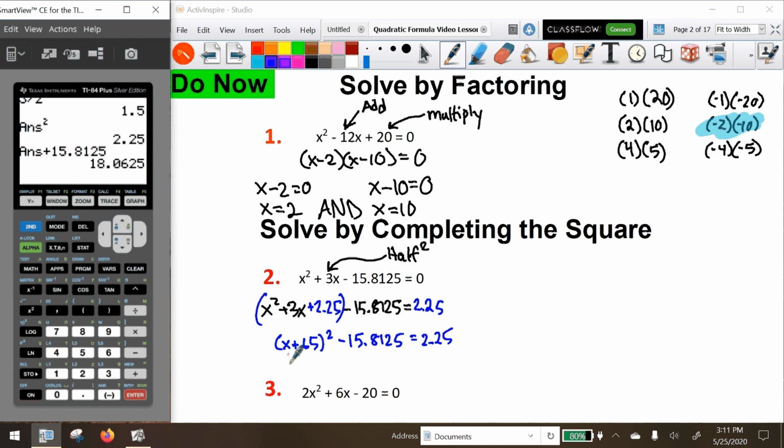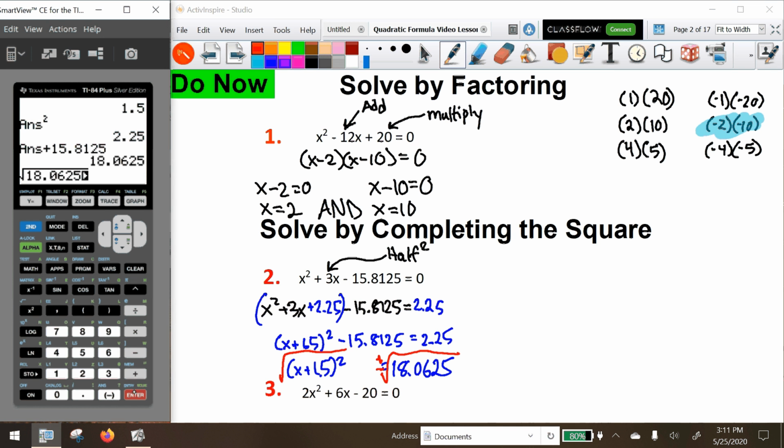Alrighty, and we have x plus 1.5 squared is equal to 18.0625. And now to get rid of that squared, we're going to take the square root of each side. When we take the square root, we have to remember that there's always a positive principal square root and a negative square root. Taking the square root of this 18.0625.